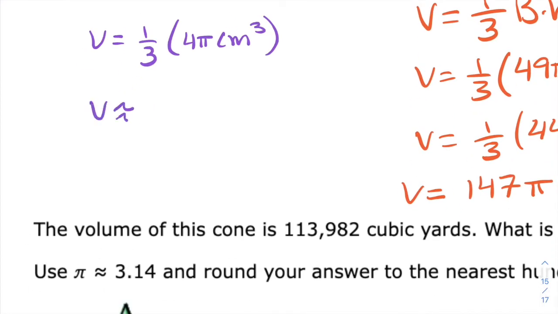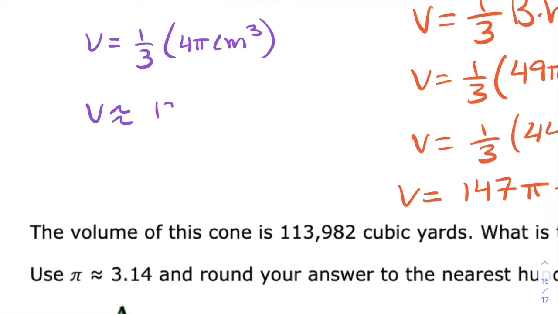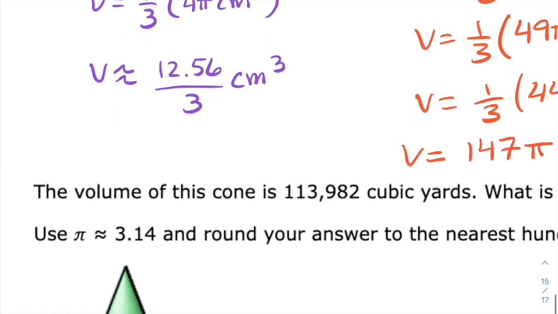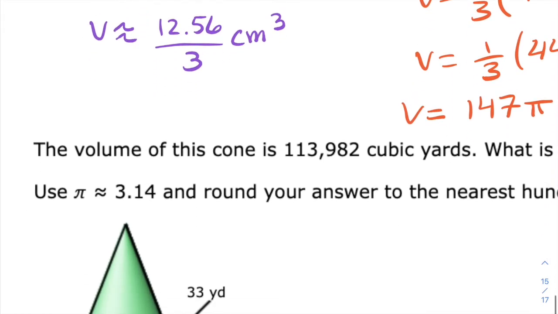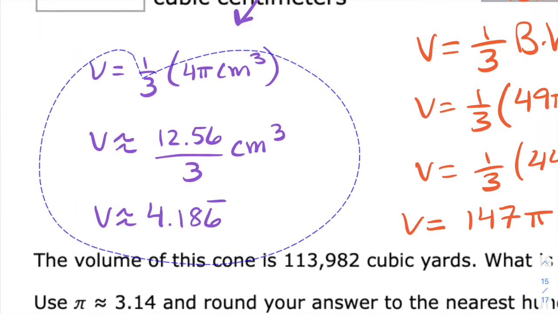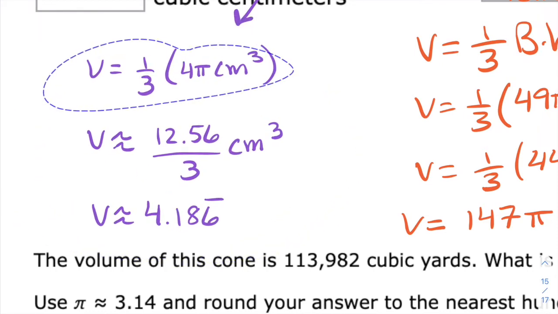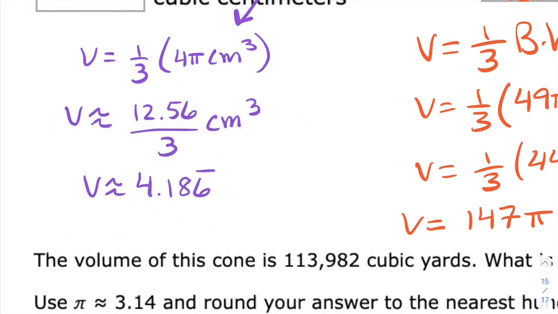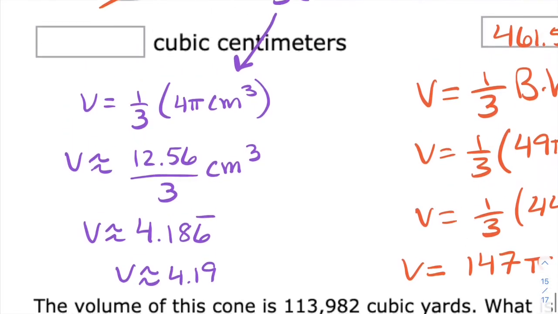So volume approximately equals 12.56 over 3 centimeters cubed, because I approximated at 3.14. I'm going to divide by 3, and I get volume approximately equals 4.186 repeated. So I have to round that to the nearest hundredth. So it's going to be 4.19 centimeters cubed.